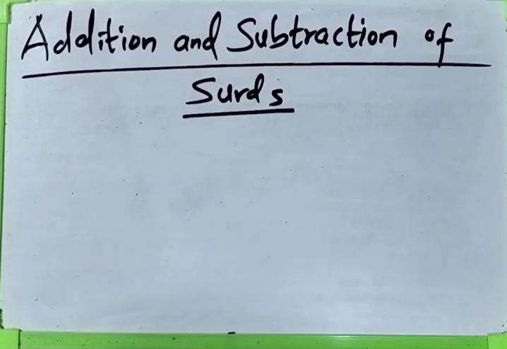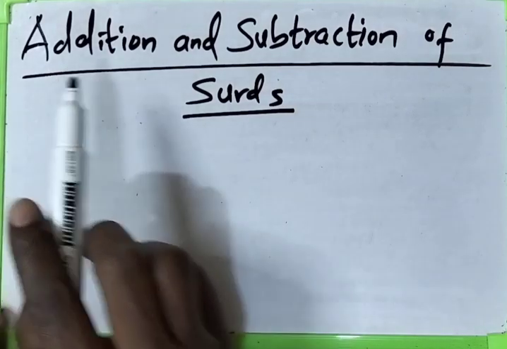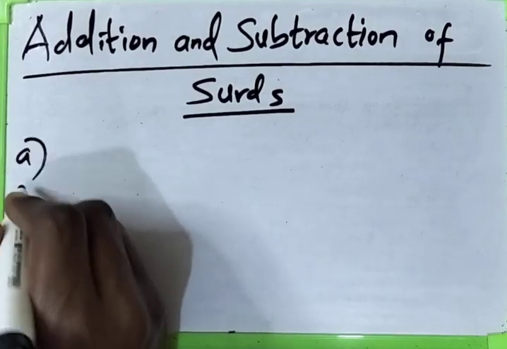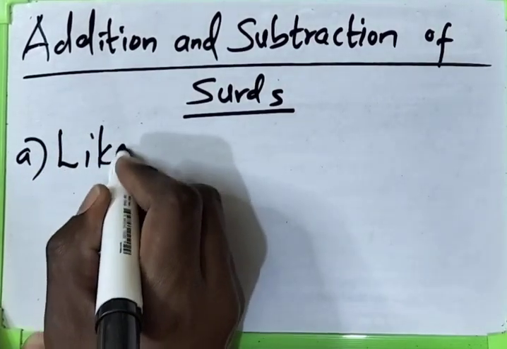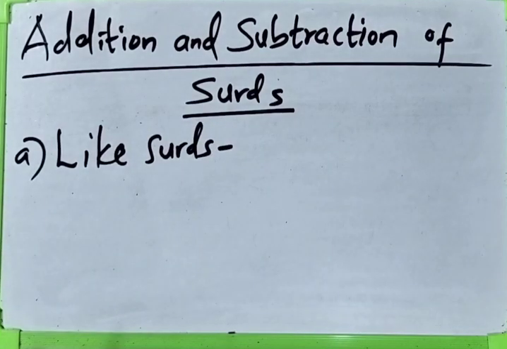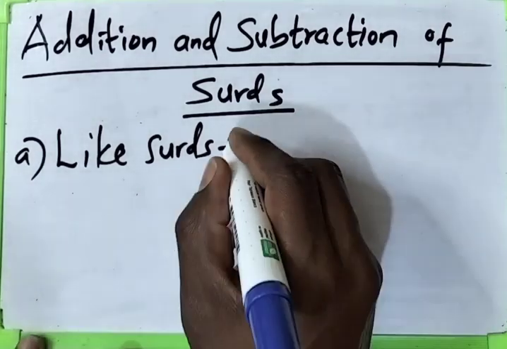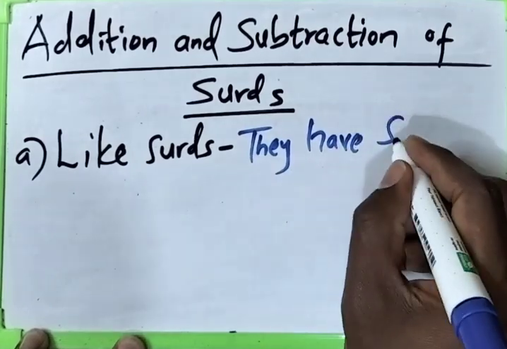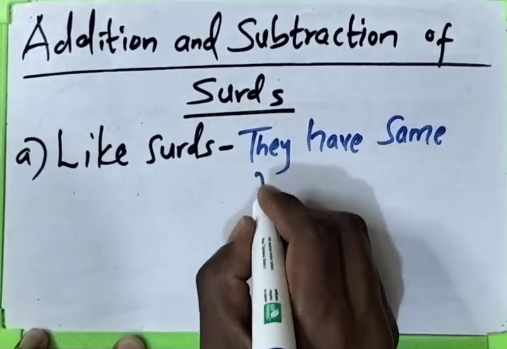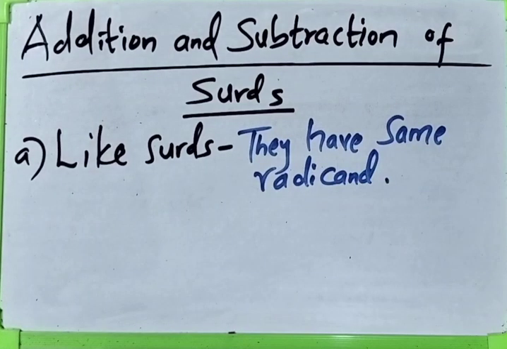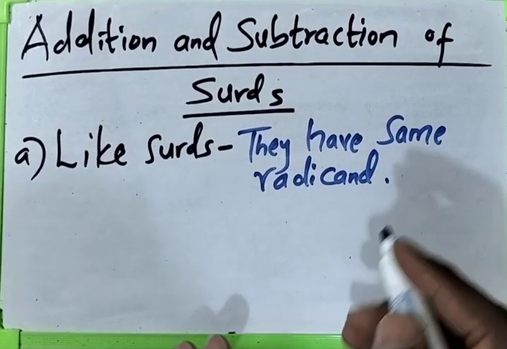The climax of our discussion today is addition and subtraction of surds. The first one here is what we call like surds. What are like surds? They have the same radicand, a number inside the root.